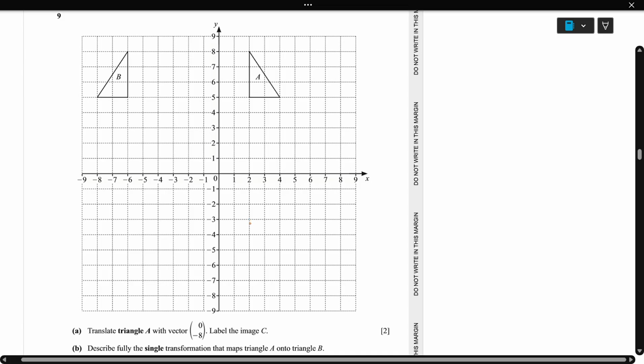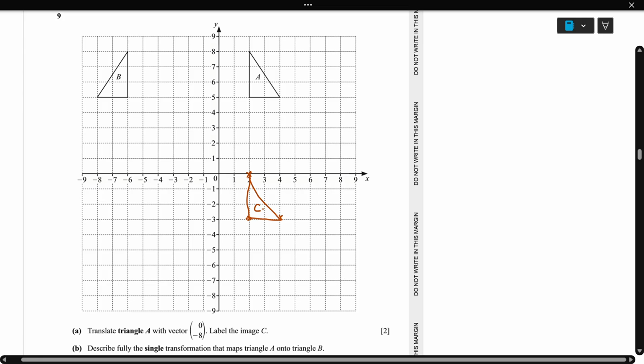So here is 1 point and 2 units right, here is another point, and the third point, 1 2 3, the third point is going to be here. So this answer is labeled C.